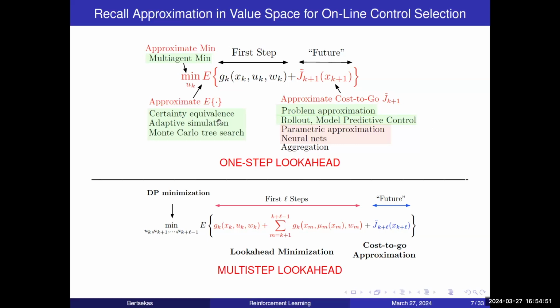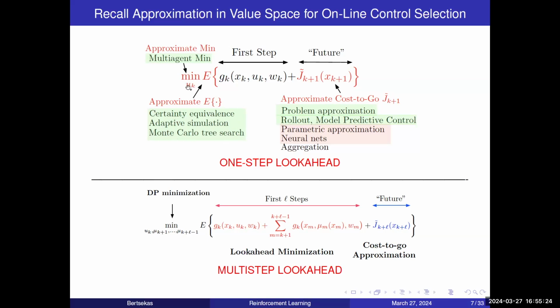Another place we can approximate is this expectation. In most cases, we don't have an exact formula that we can play with regarding the distribution of this w_k, and in some other cases it's way too complicated to calculate. So instead, we might want to do some simplification by using certainty equivalence, adaptive simulation, Monte Carlo tree search, and so on.